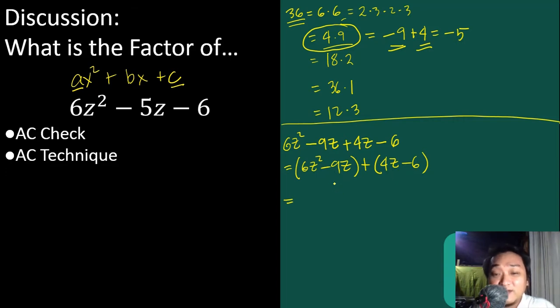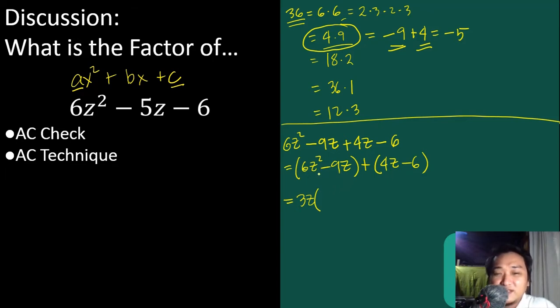Once grouped, this is the easiest process, like what we do in the greatest common monomial factor: get the GCMF. So, what will be the factor of 6 and 9? That will be 3. And what will be the factor of z squared and z? That will be z. Again, if you missed how to factor out the greatest common monomial factor, go back to our previous videos on this channel.